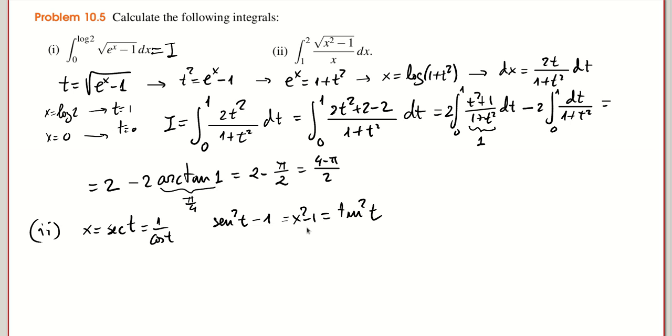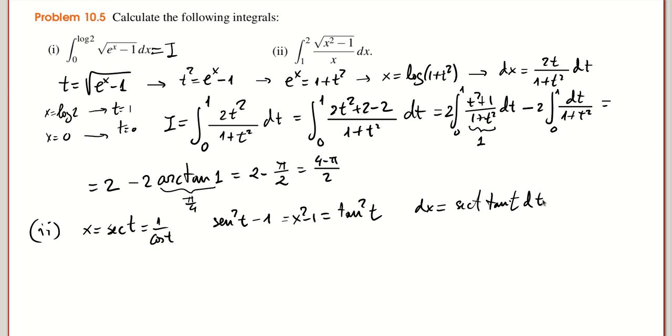So x squared minus 1 gets converted into the tangent squared of t. And if you remember, the derivative of the secant is the secant times the tangent of t dt.